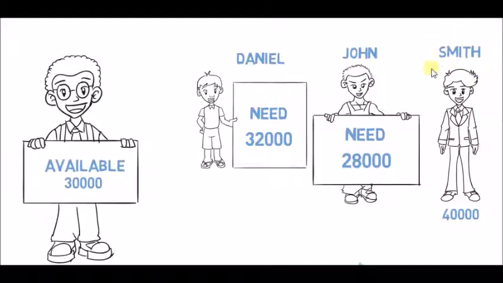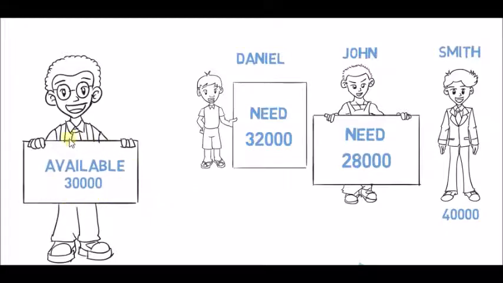Now Smith again visits our bank. Let's check this request. We have 42,000 rupees available and Smith needs 40,000 rupees. So yes, this time we can provide a loan to Smith, right? Let's provide the loan. After providing a loan to Smith, how much money is available with us? 2,000 rupees. After 30 days Smith will also return this loan money to the bank with an installment cost, suppose 8,000 rupees.